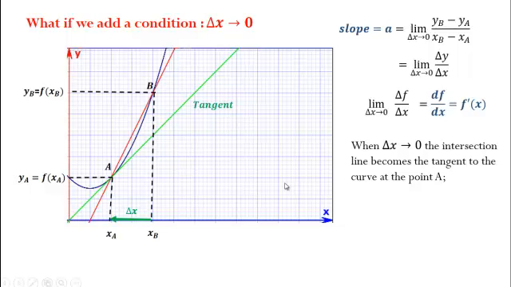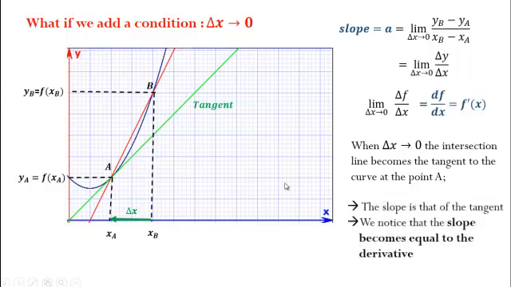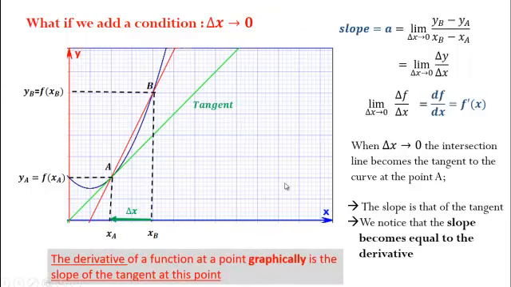At the point A. So this slope we found is not the slope of AB, since we approach the slope of the tangent. This means f prime of x, or the derivative graphically, represents the slope of the tangent at this point. So a is equal to f prime. This means f prime, the derivative, is the slope of the tangent.